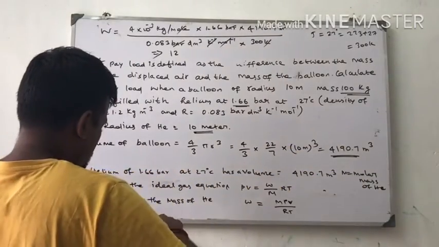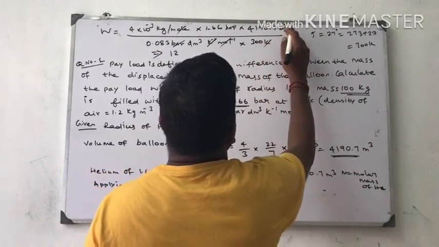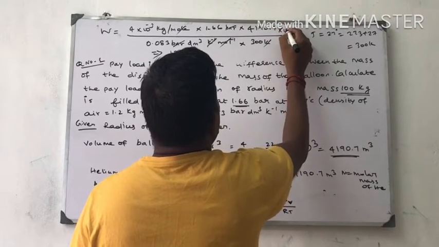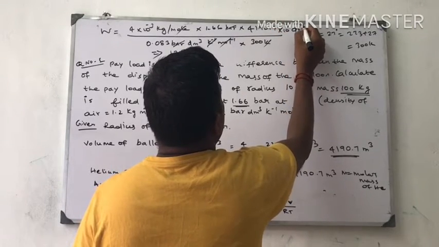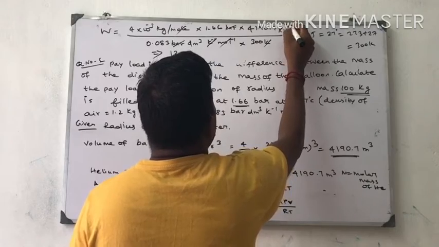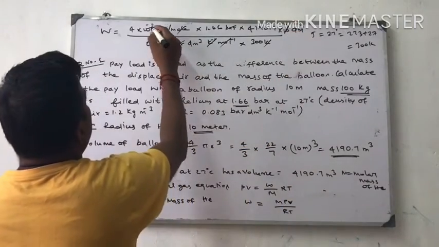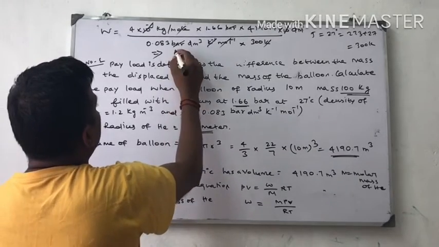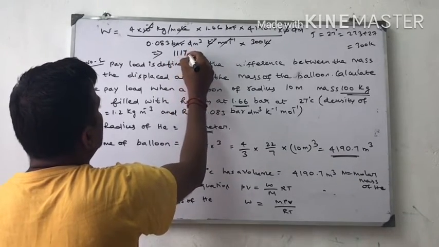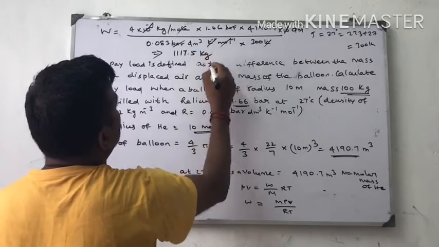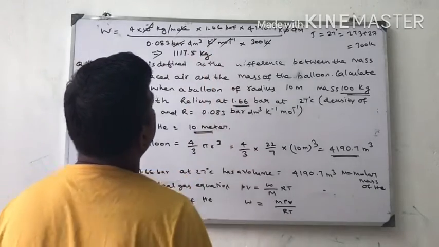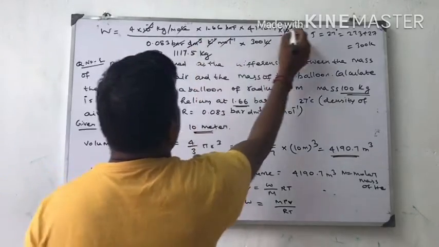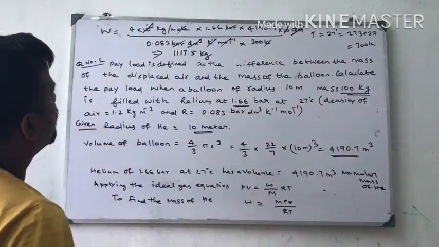Here is a mistake: we convert 4190.7 meter cube into 10 to the power 3 decimeter cube, so 10 to the power 3 and 10 to the power minus 3 get cancelled. We get the answer 1117.5 kilogram. Decimeter cancels, right?